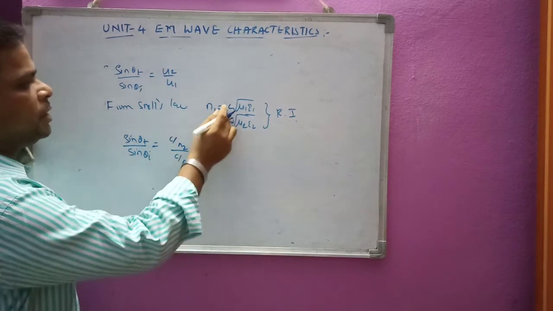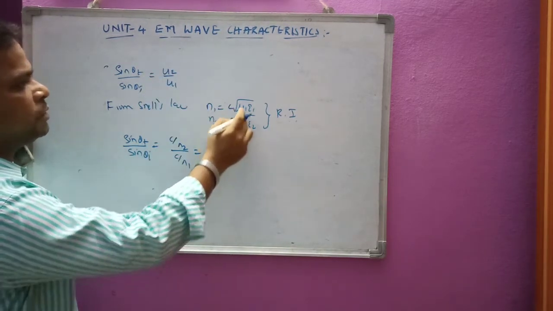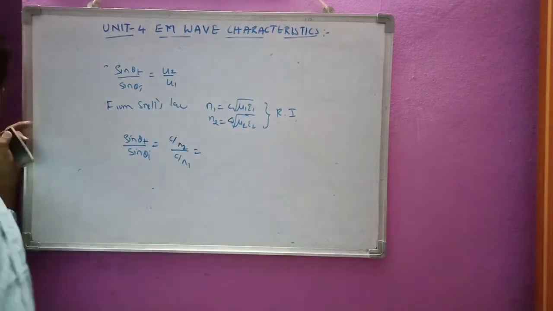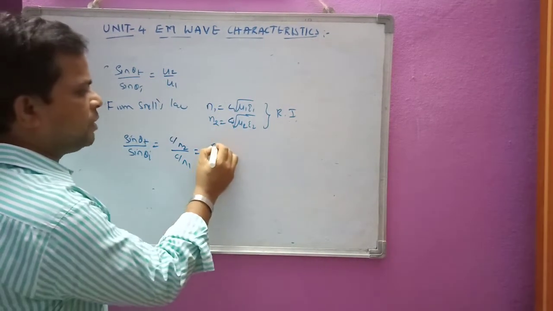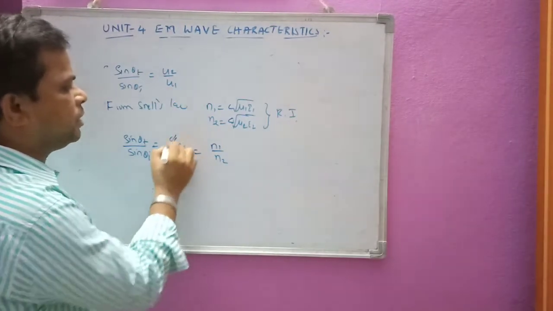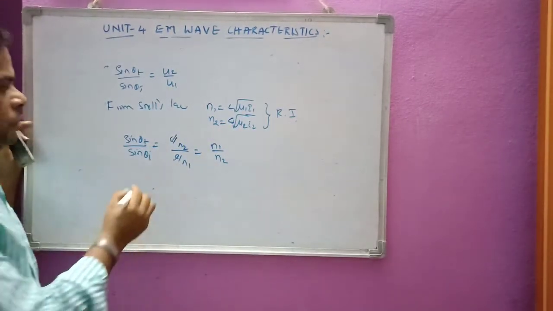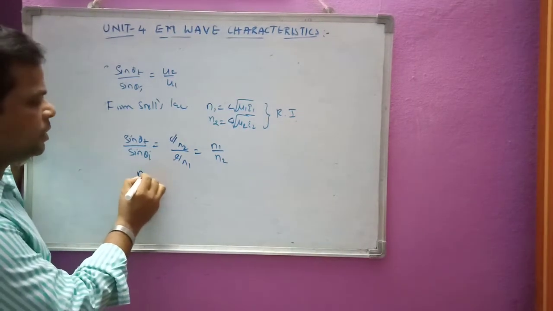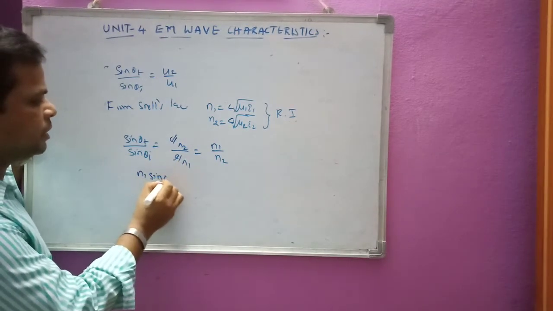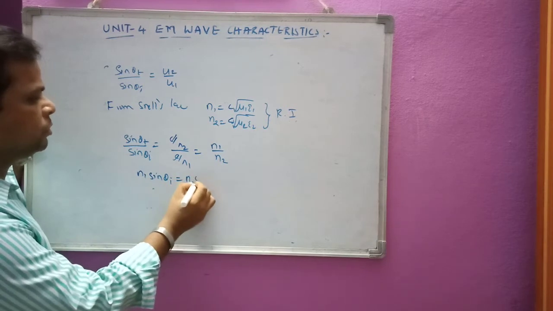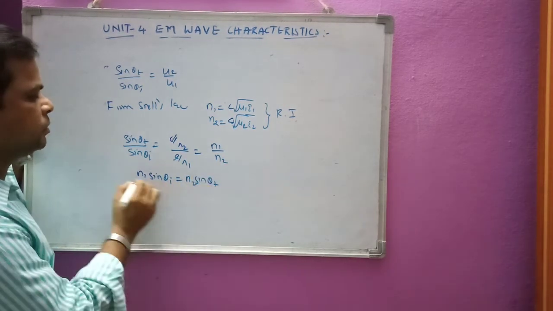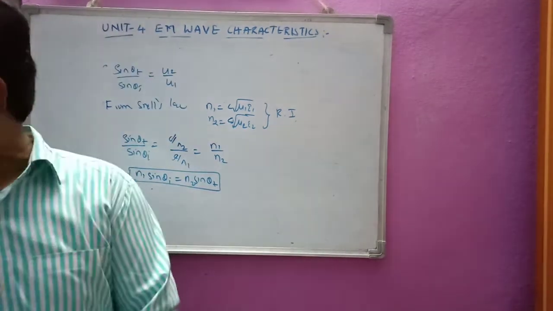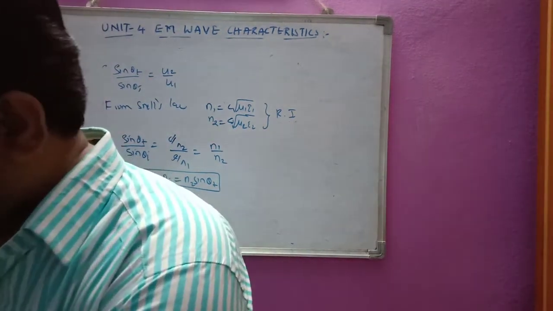By taking this cross product, u1 and u2 being the velocities, and substituting c by n1 and c by n2, I can write finally n1 by n2, because c will get cancelled. So I can write n1 sin theta i is equal to n2 sin theta t. This is a very important equation which we are going to write.